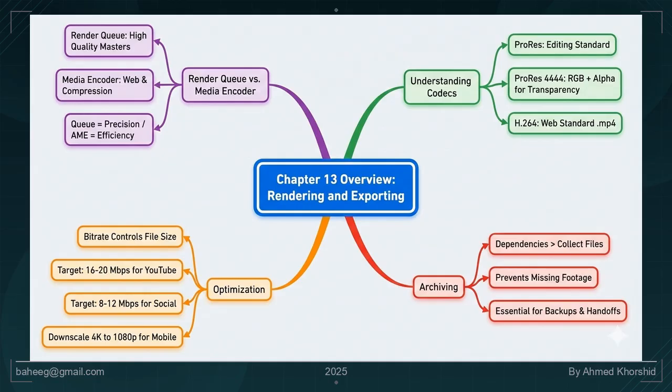C2, ProRes 4444: RGB plus alpha for transparency. C3, H.264: web standard .mp4. D1, bitrate controls file size. D2, target 16 to 20 megabits per second for YouTube. D3, target 8 to 12 megabits per second for social. D4, downscale 4K to 1080p for mobile. E1, dependencies: collect files. E2, prevents missing footage. E3, essential for backups and handoffs.